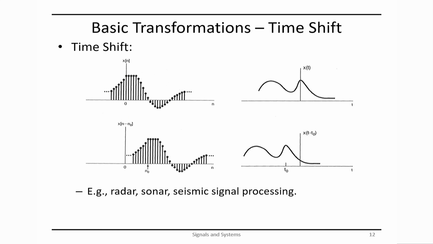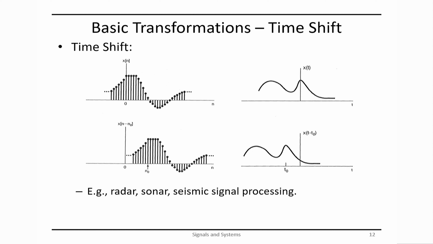Now, when we say that we want to examine signals, right? When we want to examine something, we usually take the signal and try to squeeze it, stretch it, turn it around, move it sideways, and so on and so forth, to look at it from different angles, okay?